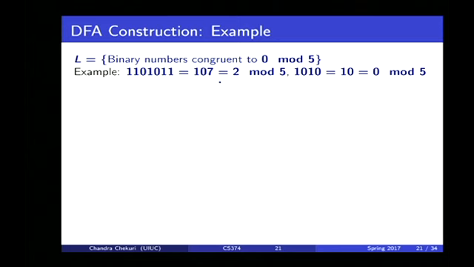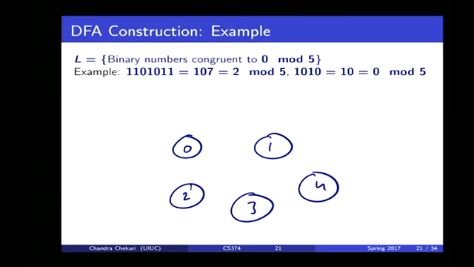Is it 0, 1, 2, 3, or 4? So our states could be 0, 1, 2, 3, and 4.